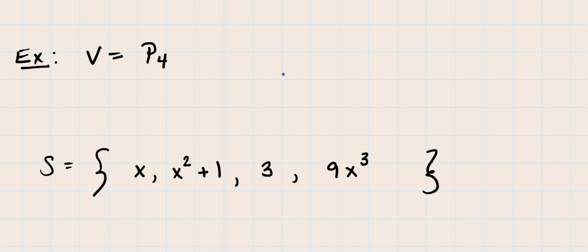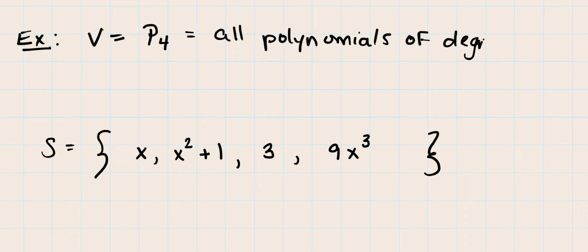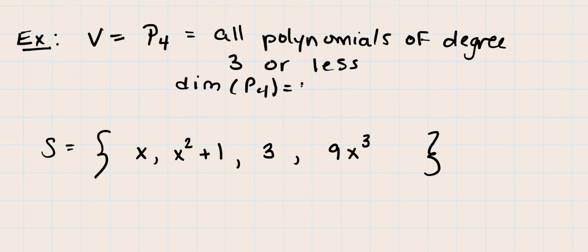Let's switch vector spaces. Let's talk about P sub 4. Now let's recall what this is. This is all polynomials of degree 3 or less. And we know that the dimension of P4 is 4, and we know that a basis is 1, x, x squared, and x cubed.